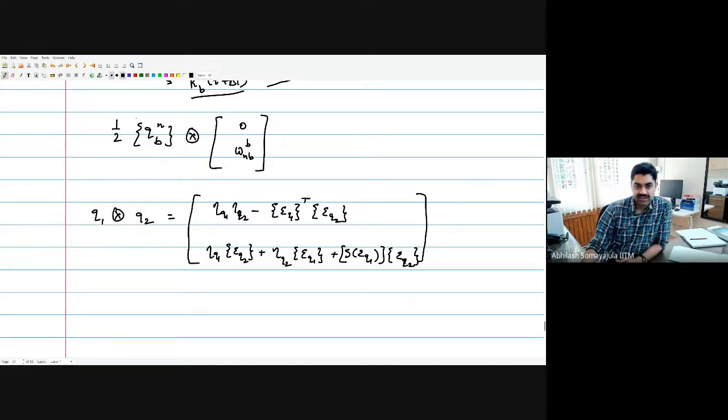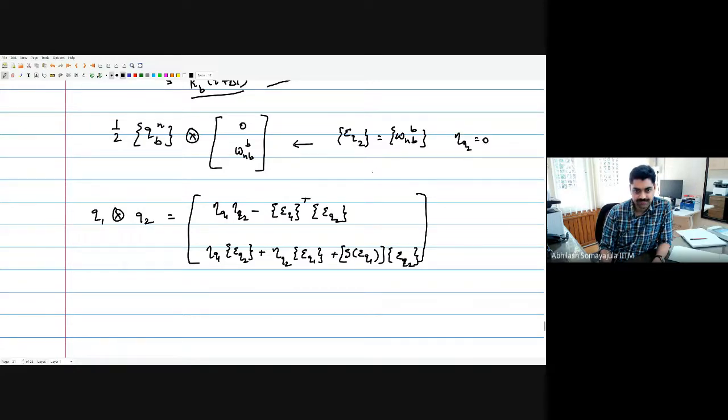Now, notice that in this product, epsilon q2 is omega_NB, the body fixed angular velocity of the body in the body fixed frame, and eta q2 is 0.